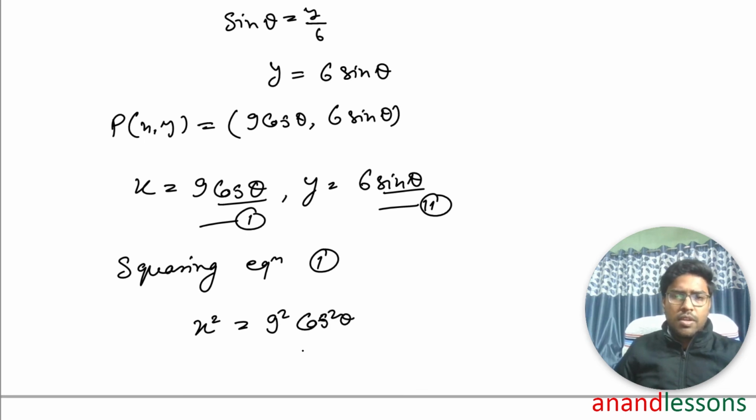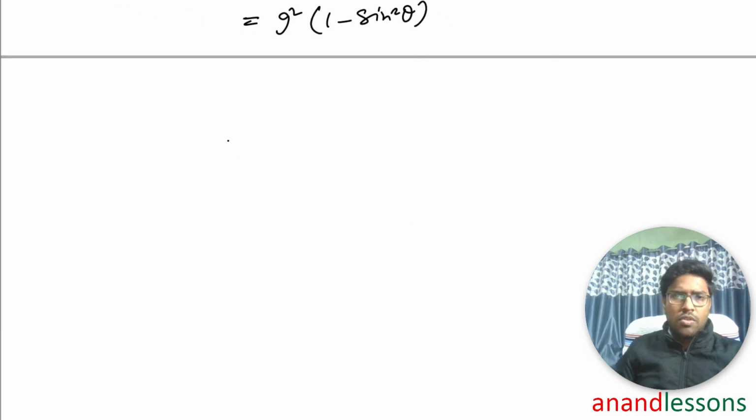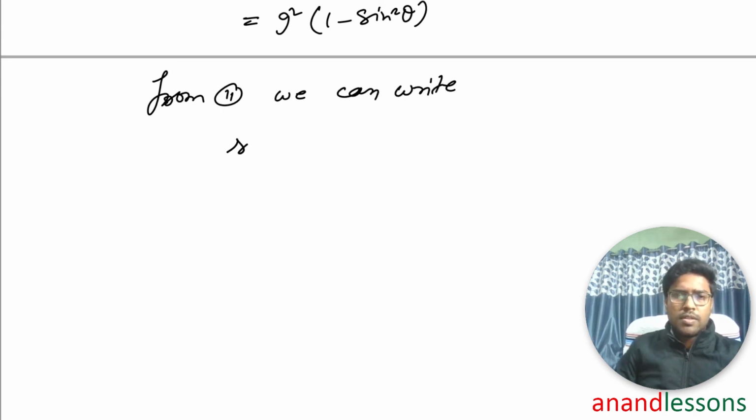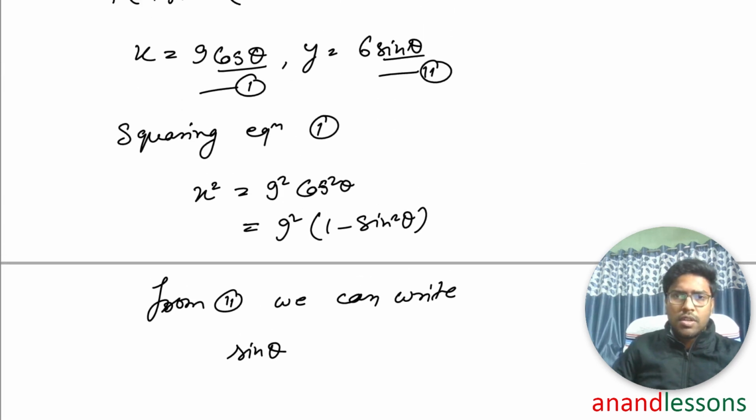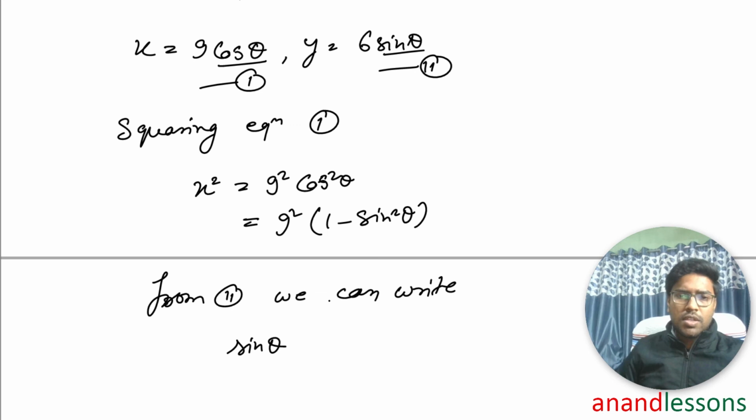Now if we see it carefully, cos square theta can be written as 1 minus sin square theta, and from equation 2 we can write sin theta. Let's see what is equation 2. y is equal to 6 sin theta, so sin theta will be y by 6.